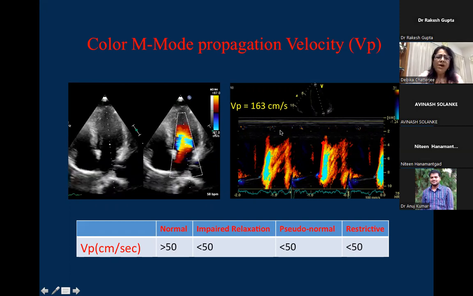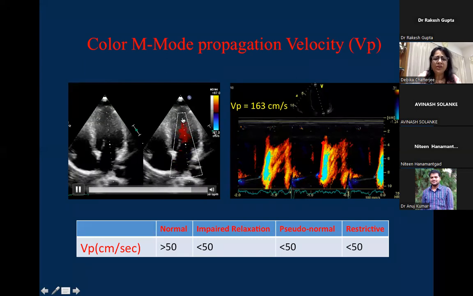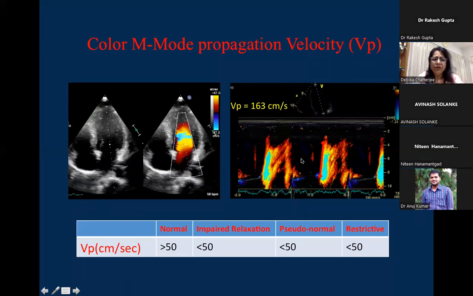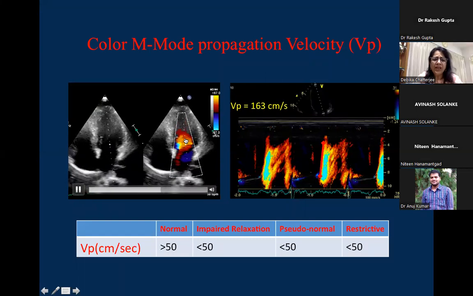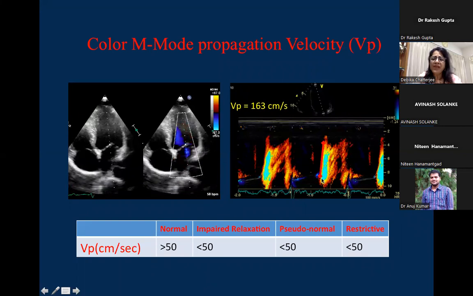So basically what are we measuring? We are measuring how fast the blood is moving from the base of the ventricle towards the apex. If the elastic recoil is good, and myocardial relaxation is good, you get a steep slope. As in this case, it is 163 centimeters per second.